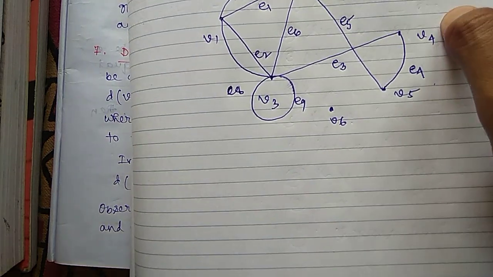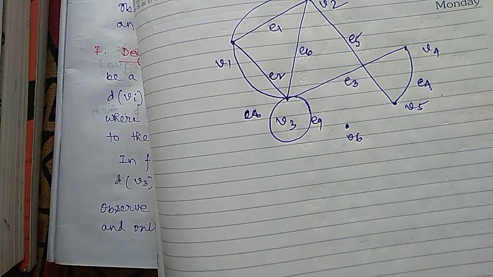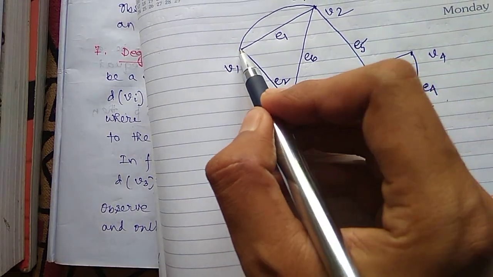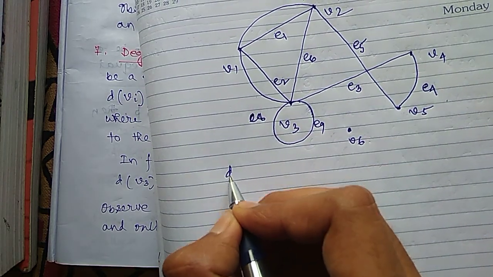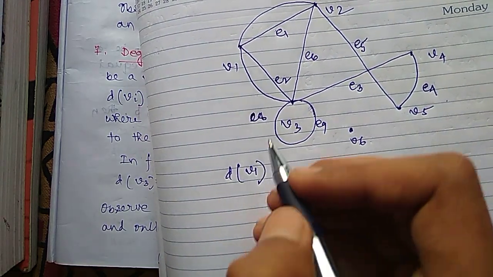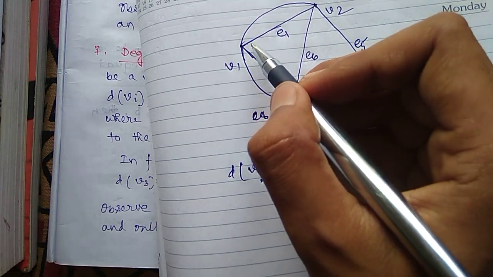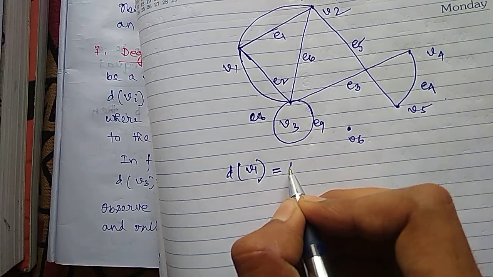So the total number of edges incident with a vertex is called its degree. Calculate d of v1. Here 1, 2, 3 and 4 edges are incident with the vertex v1, so the degree of v1 is 4.